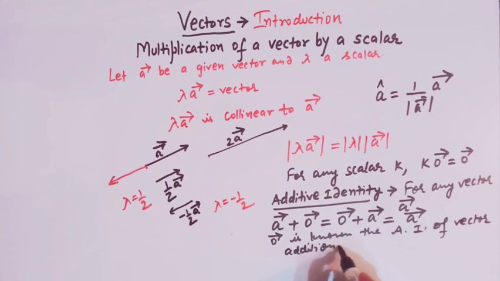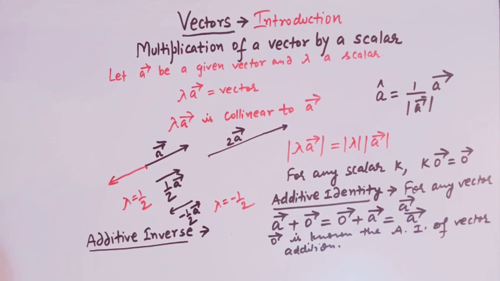And what is the additive inverse for the vector A? The additive inverse of vector A is minus of, or the negative of vector A, and this gives us vector 0, right?